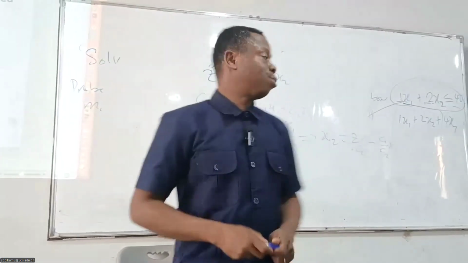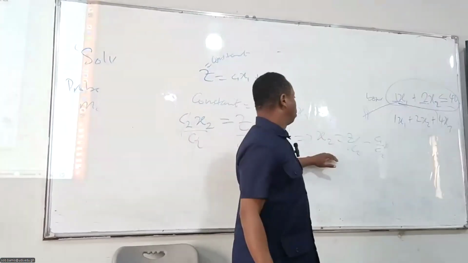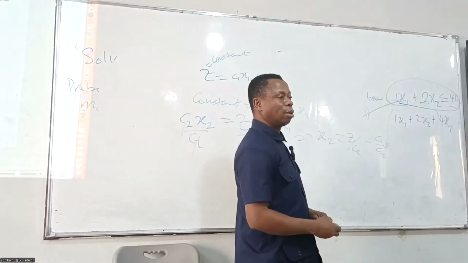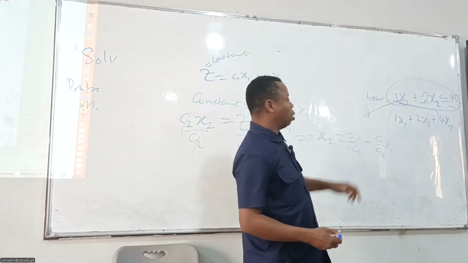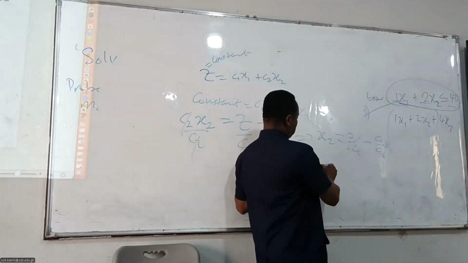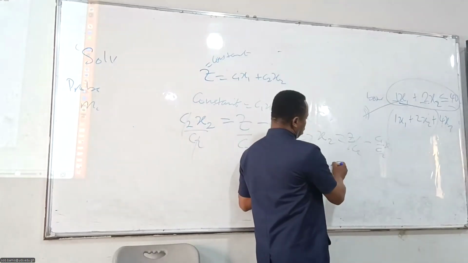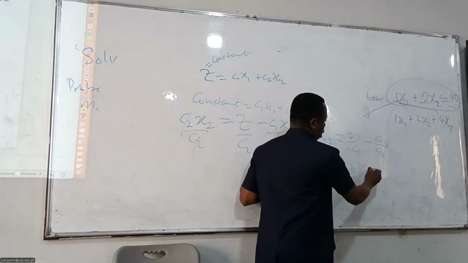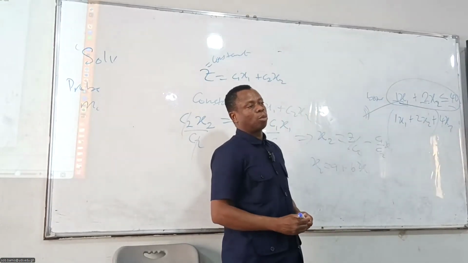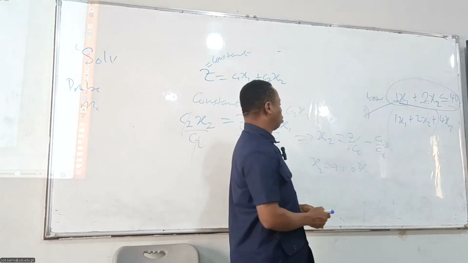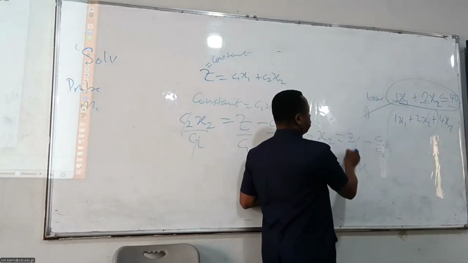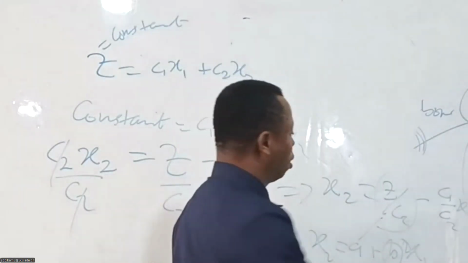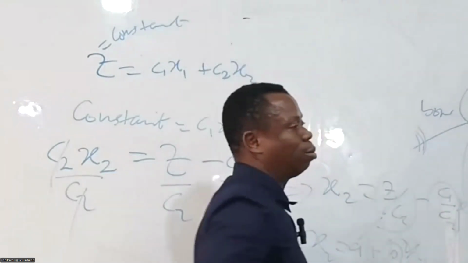If you have an equation like this, remember Z is a constant. So this is equivalent to saying that X2 is equal to A plus B times X1, where B, which is the slope parameter, is this one, negative C1 over C2.